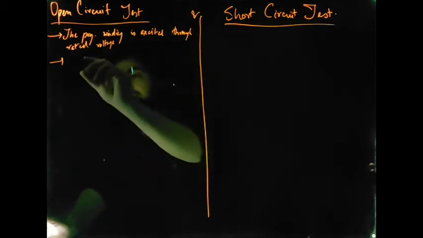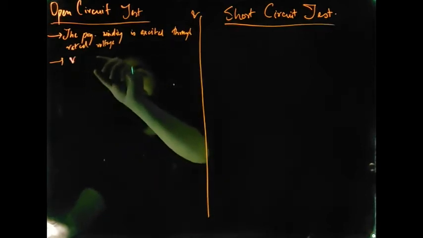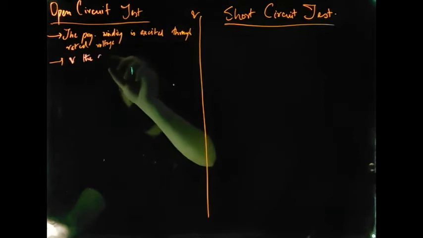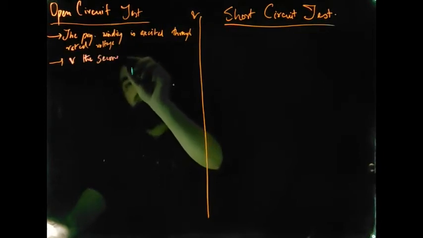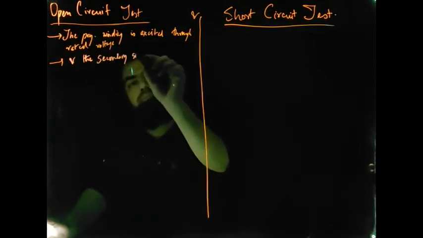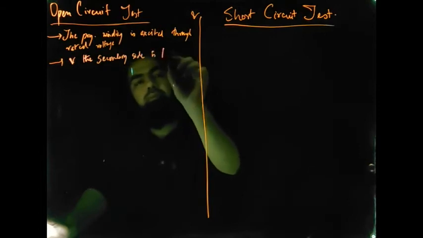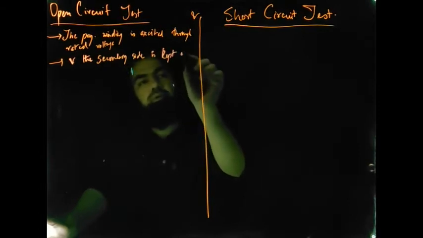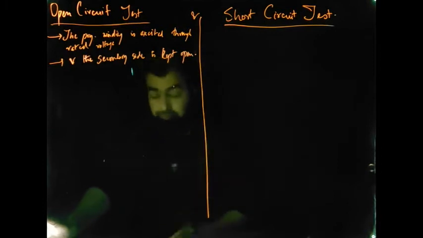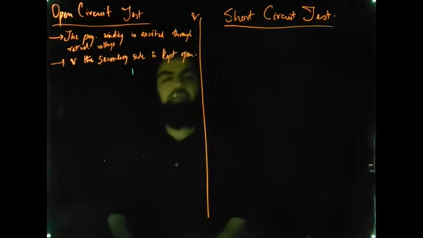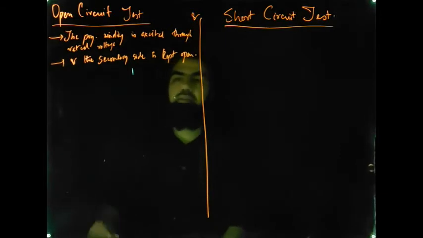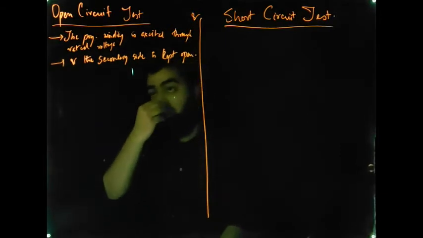After this, the secondary side is kept open. The primary winding is excited via rated voltage, and the secondary side is kept open.